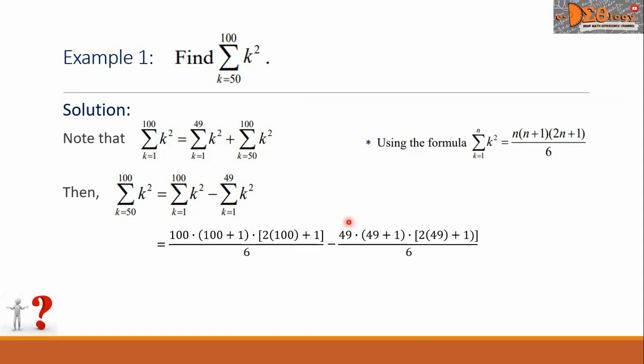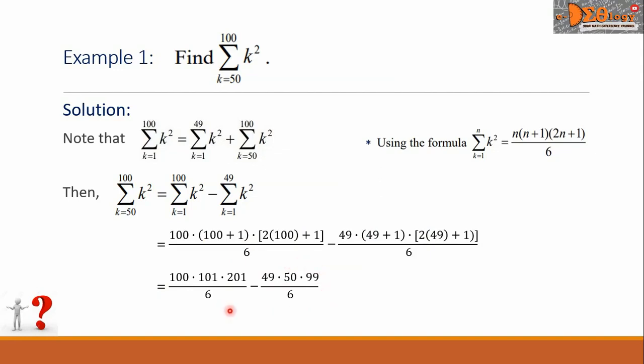So we write here 49 times the quantity 49 plus 1 times the quantity 2 times 49 plus 1, all over 6. We simplify the numerators respectively into 100 times 101 times 201, all over 6, minus the second numerator will be 49 times 50 times 99, all over 6.